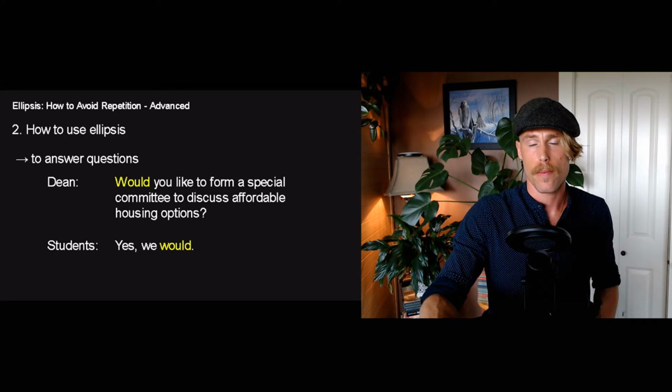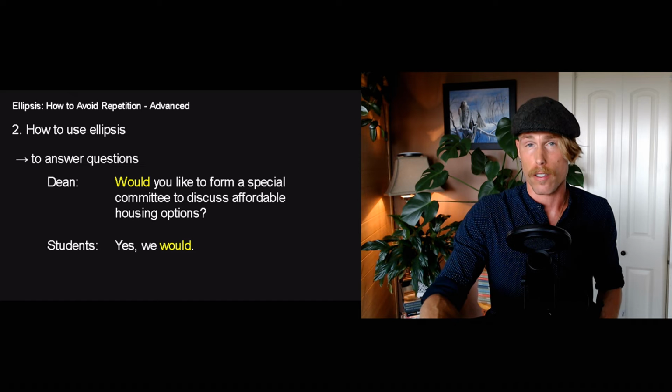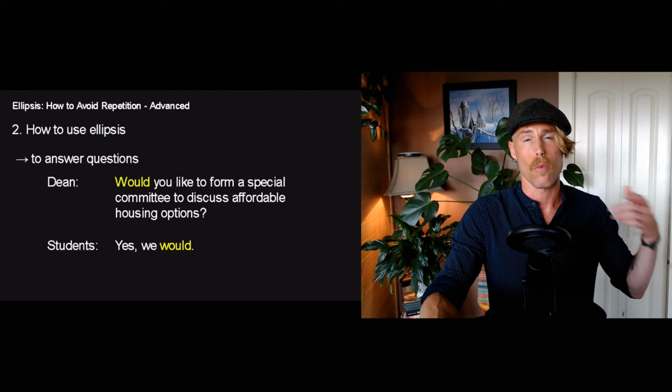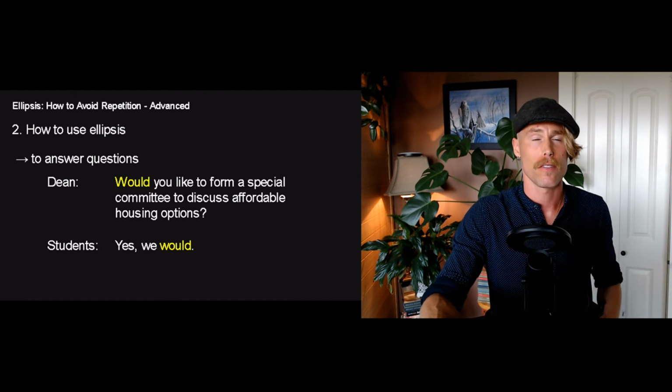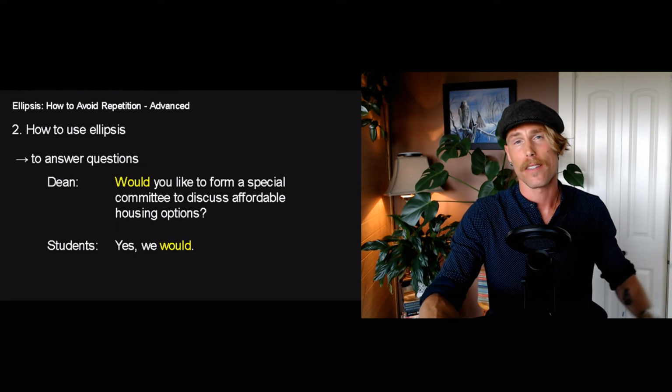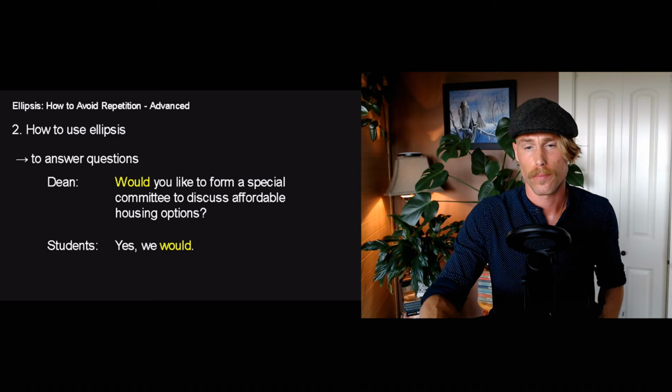The students say, "Yes, we would." Okay? The students don't need to say, "Yes, we would like to form a special committee to discuss affordable housing options," because the dean already knows what he or she said to the students. The students don't need to repeat it back to the dean. It's not necessary.